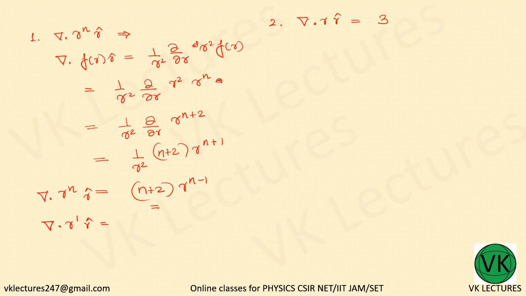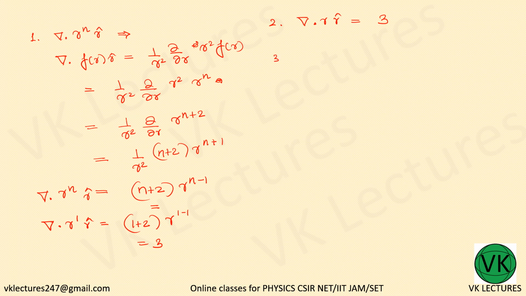That will be equal to n plus 2, that is 1 plus 2, into r power n minus 1. So n is 1, minus 1 is 0, so that's equal to 3. So del dot r is equal to 3.